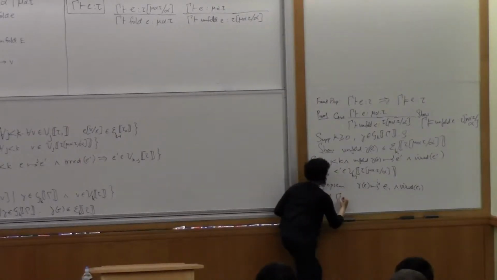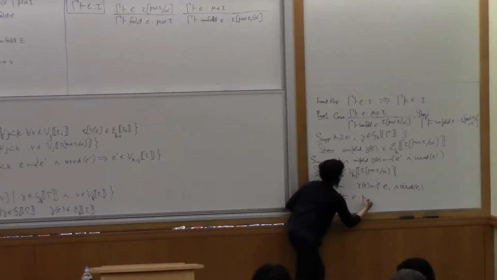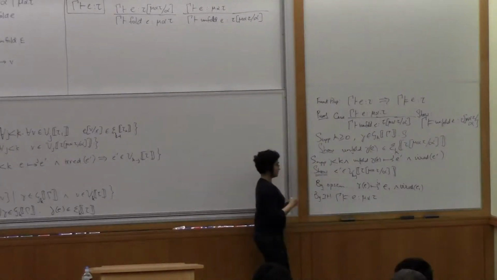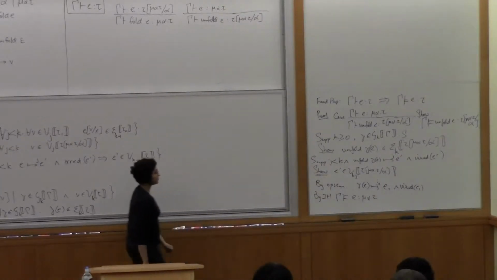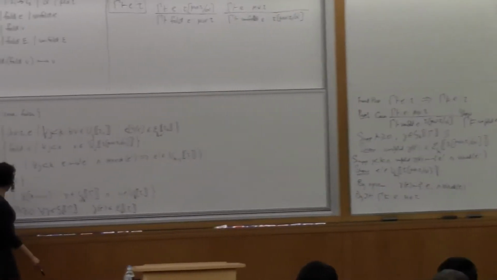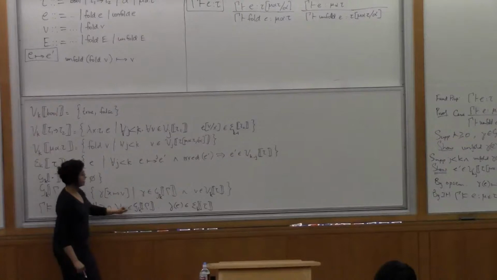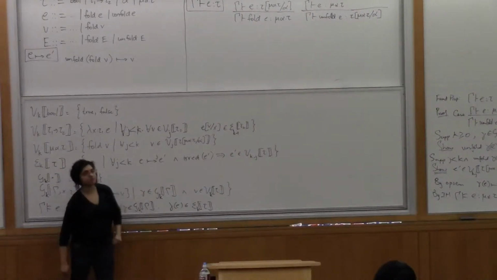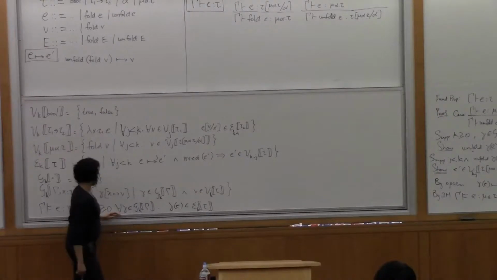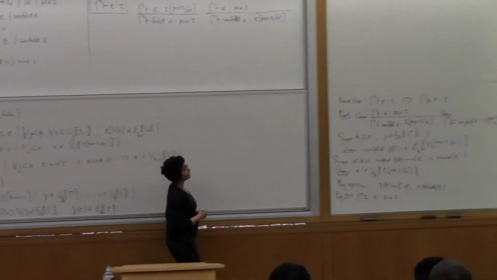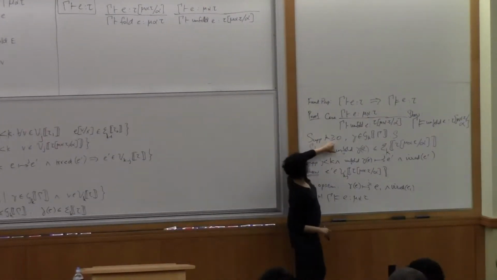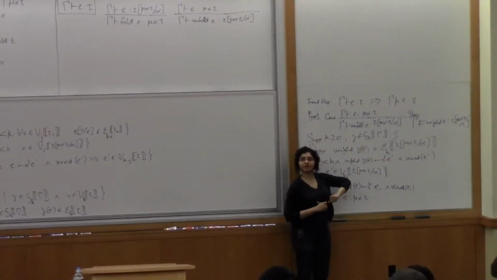If we want to use this fact, we have to instantiate it with a k and a substitution, our little gamma, that's good for k steps. So let's just pick the same k and the same gamma that we started out with.